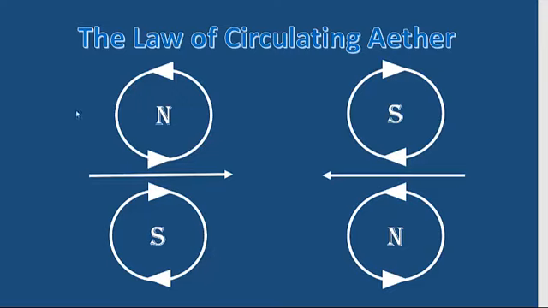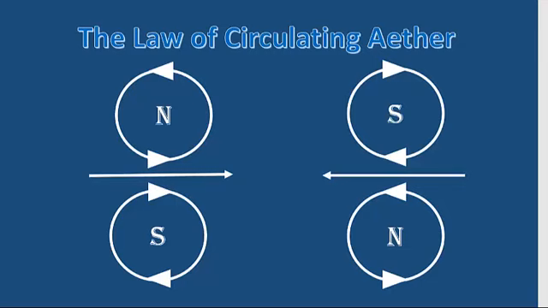And so this little graphic shows that if the current, the electrogen, is flowing in this direction from left to right, you're going to get counterclockwise circulation above the wire, and you're going to get clockwise circulation below the wire.